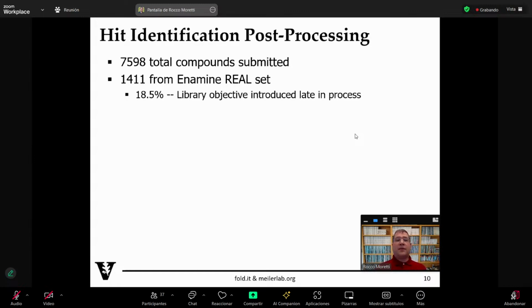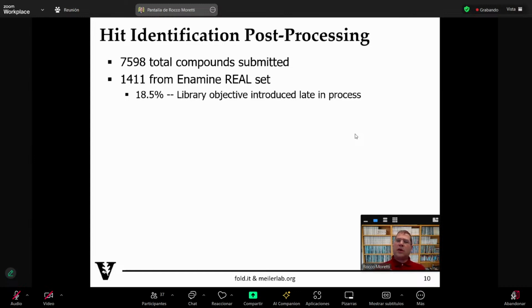From these 7,600 compounds that we had identified, we identified 1,400 of them that were actually within the Enamine REAL set. So the rest, the 80% of these compounds, are sort of those intermediate compounds where the players had added atoms, added bonds, but weren't necessarily within the Enamine REAL set, didn't come back from the compound library.